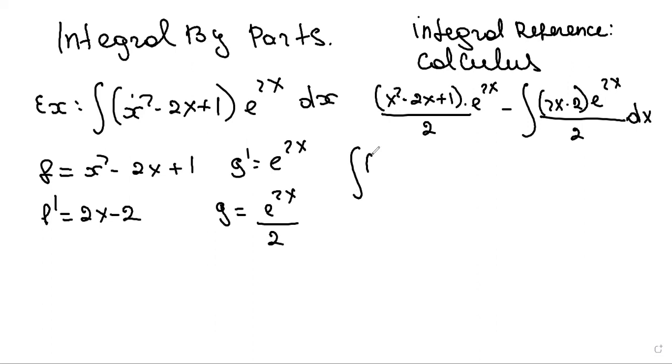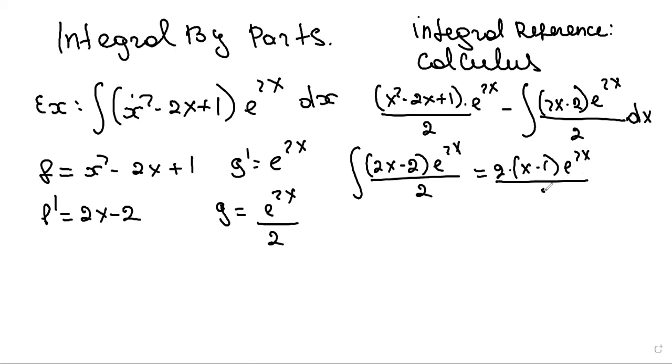So 2x minus 2, e to the power of 2x. We can take out the 2, so we can eliminate this 2, and we will have x minus 1, e to the power of 2x dx.